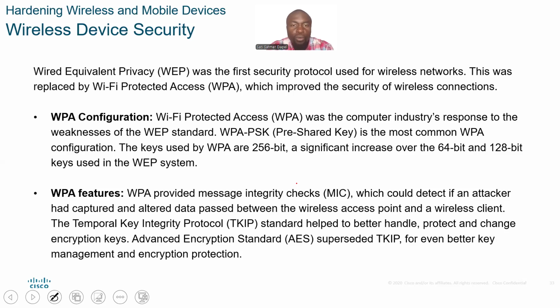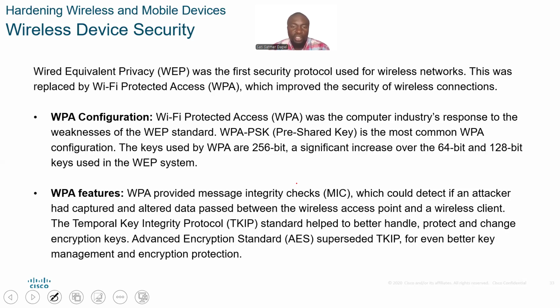Wired Equivalent Privacy was the first security protocol used for wireless networks. This was replaced by Wi-Fi Protected Access, WPA, which improved the security of wireless connections. WPA was the computer industry's response to the weakness of the Wired Equivalent Privacy standards.